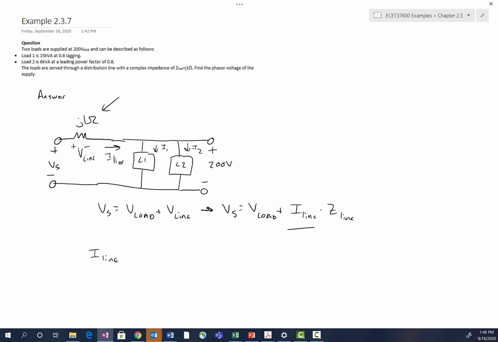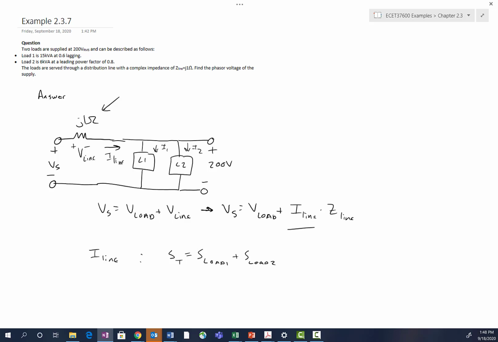I'm going to lump L1 and L2 together via power. What that means is that the total apparent power in the circuit is going to be the apparent power of load 1 plus the apparent power of load 2. Remember, in these circuits power is always additive, whether it's in series or in parallel. We always just add.